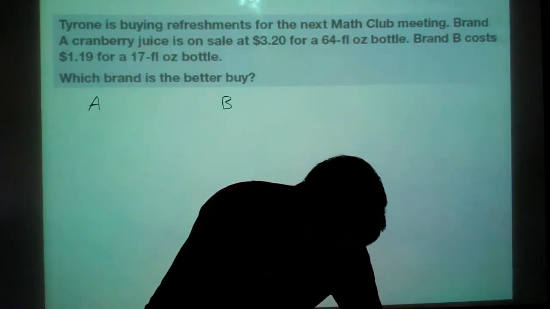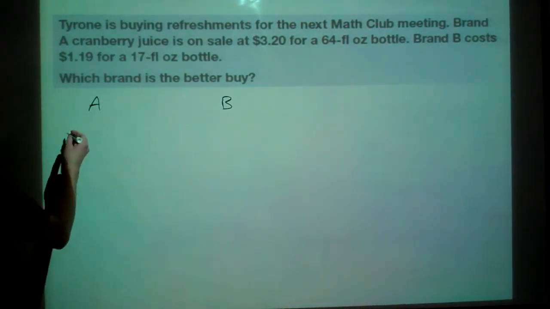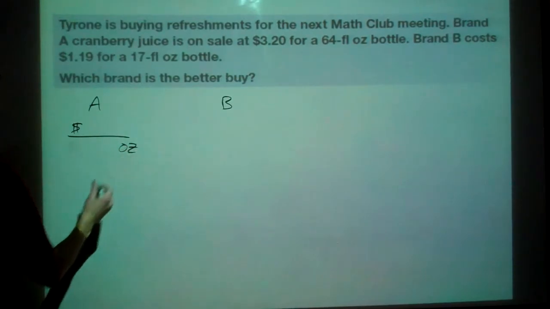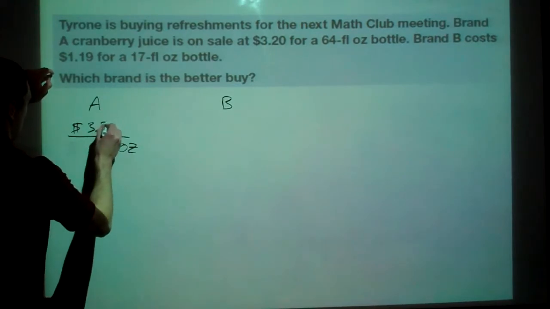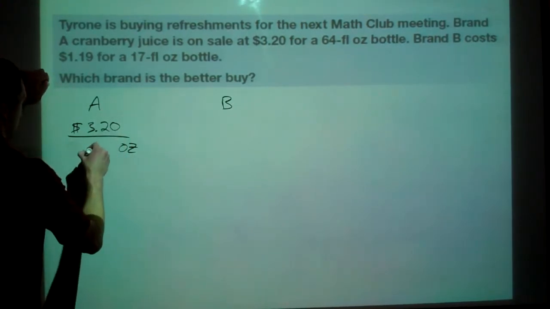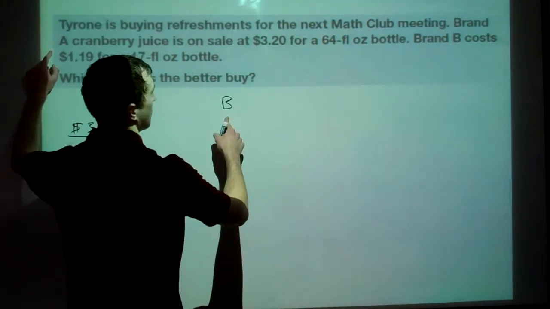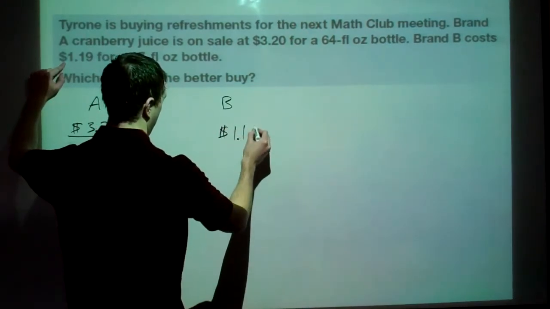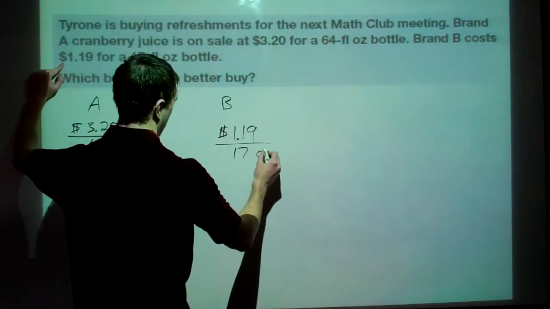So really we want to figure out price per ounce here. So we want price per ounce. So for brand A, it's $3.20 for a 64-ounce. And here is $1.19 for a 17 ounce. Okay?